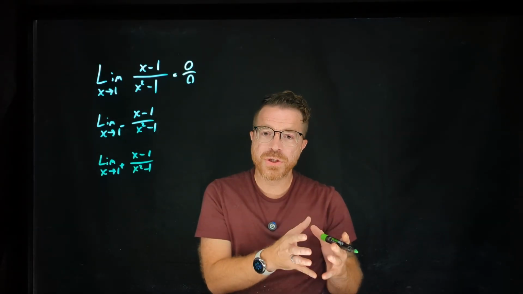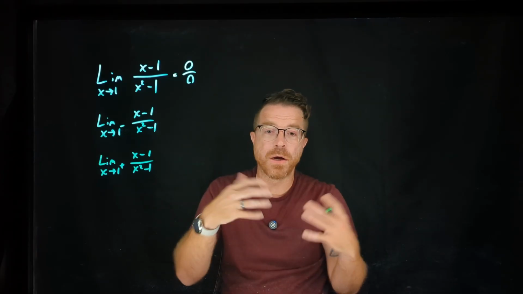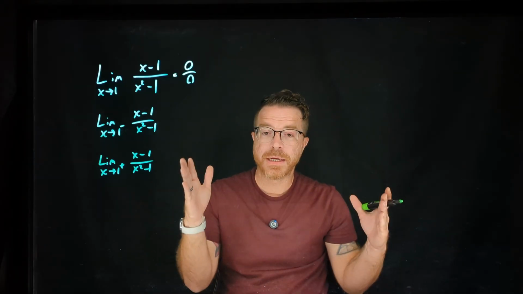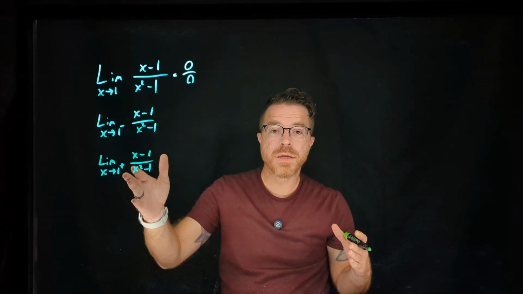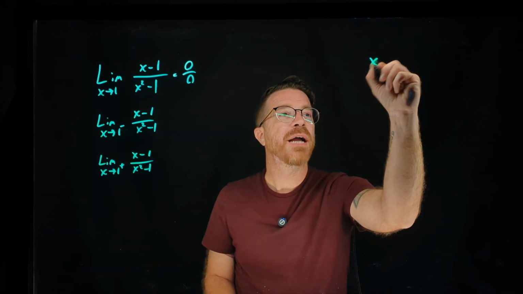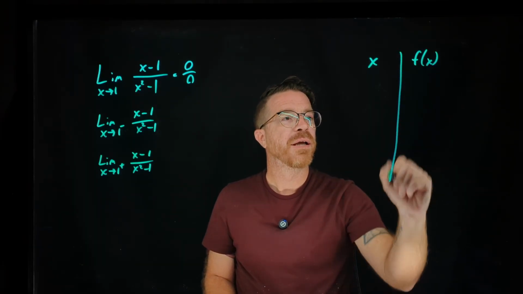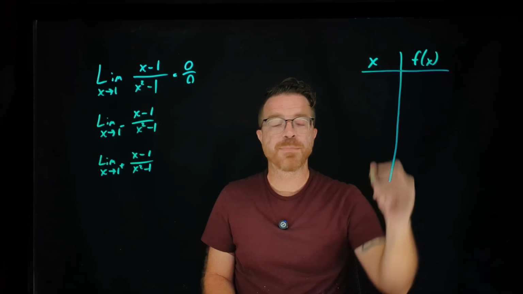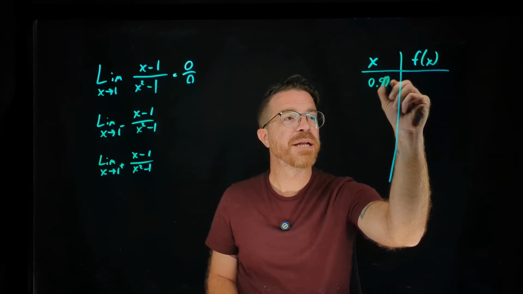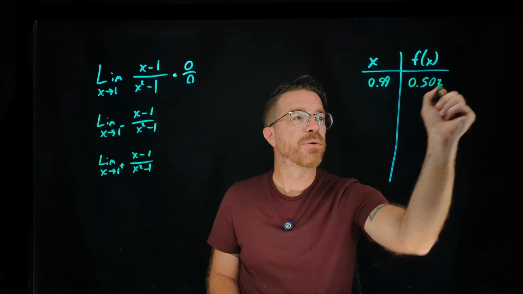Now, one method you could use is numerical analysis, where we say, okay, what if I plug in numbers and get closer and closer to this value 1, and I see what happens. So we have an example of this where we have our x values and then the outcome of our function at those x values. For example, if we plugged in 0.99, our function outputs 0.502.